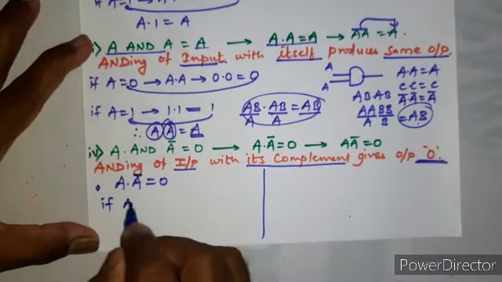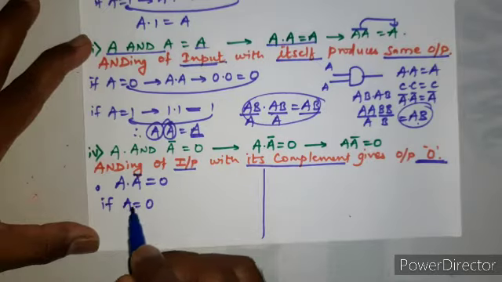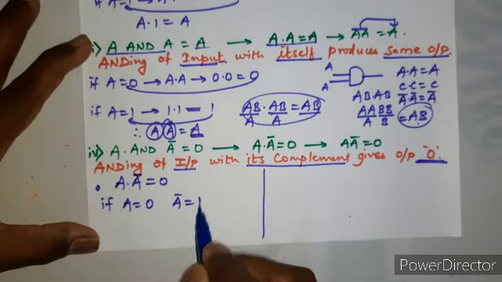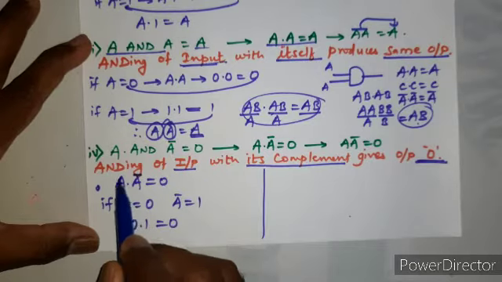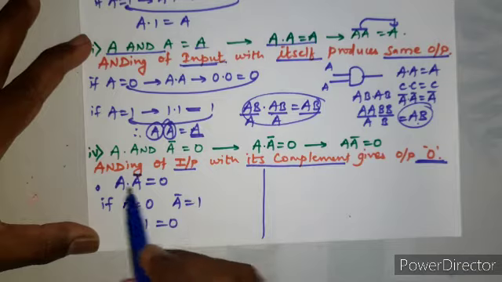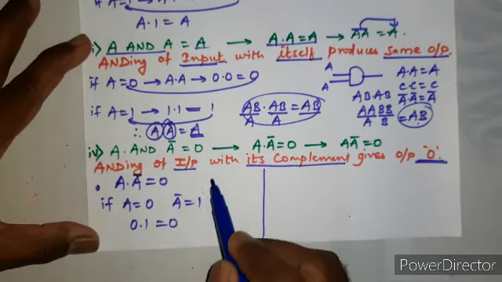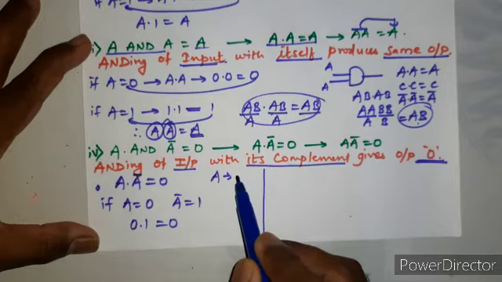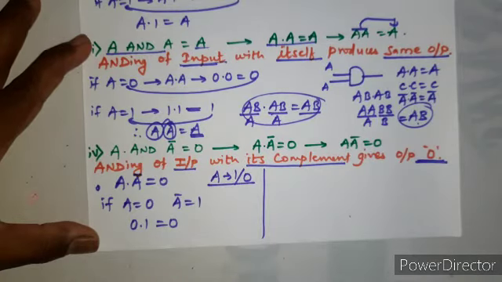So if A equals 0, and if A is 0, what is A bar? It is 1, right? So 0 into 1 is 0. I'm taking this value of A as either 0 or 1, just trying the combination, because if A is one input, inputs and outputs we have in terms of 1 and 0.